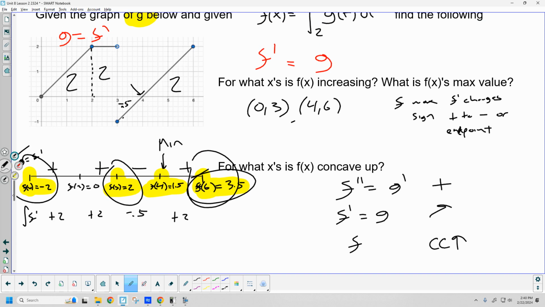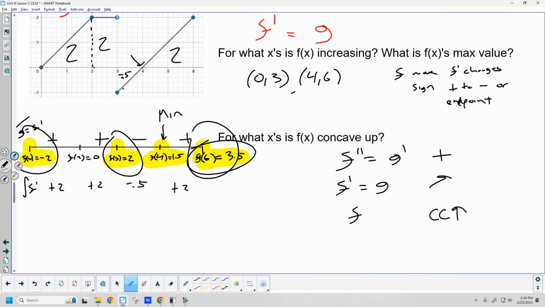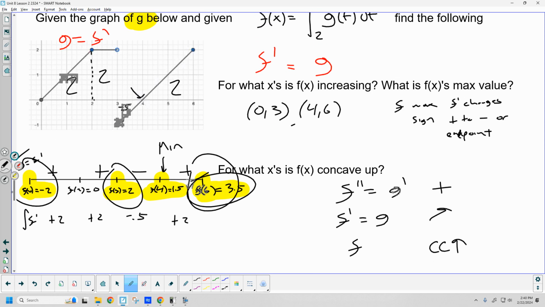Hey, wait. Yep. No! No, hold on. Wait a sec. You're thinking it had to be positive. Well, all it has to do is increase. The slopes have to be positive. The values have to be increasing.